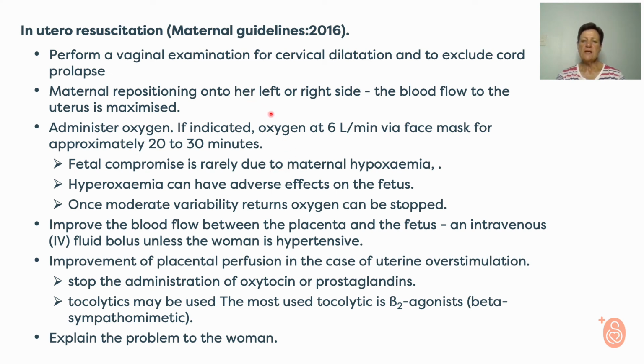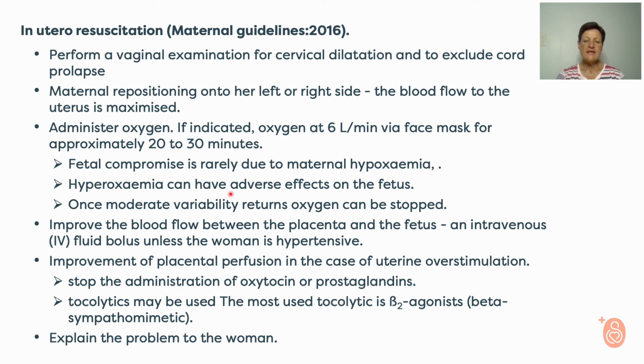Now, according to the guidelines, one should give oxygen, not too much oxygen, and also for a limited period to prevent these possible complications. So we give 6 liters per minute via face mask for approximately 20 to 30 minutes, and hopefully in that time the variability will return to normal, and if it does not, then one needs to stop the oxygen as well.